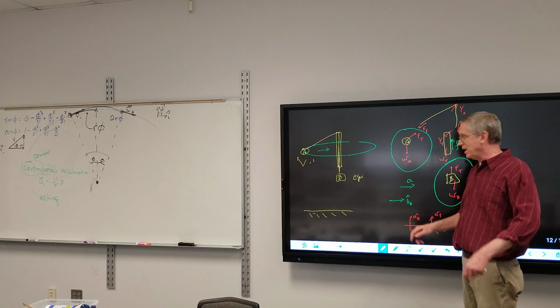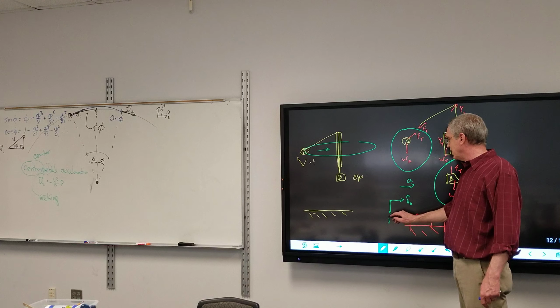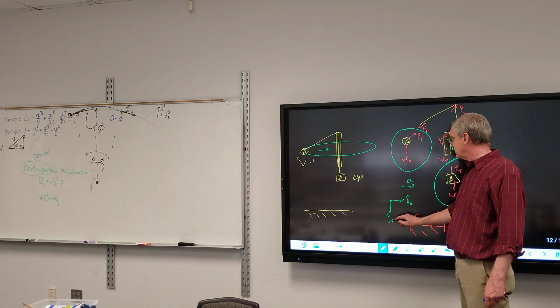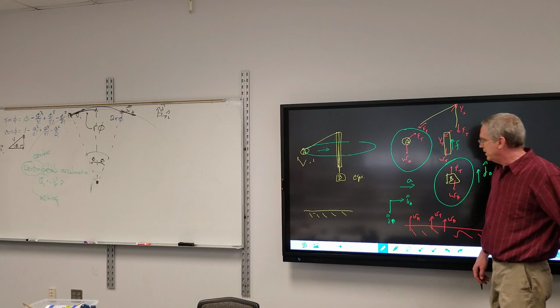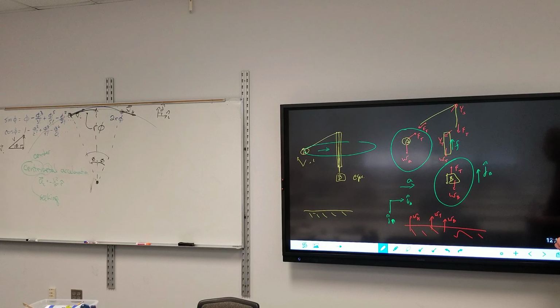So we'll make j hat down, j hat for A. So we've done the forces, we did the direction of acceleration, we did our coordinate axes, and now decomposition.